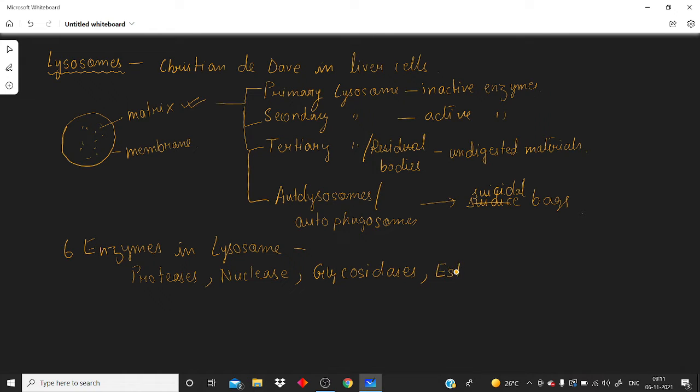Then esterases, that will break down esters. Then phosphatases, and then sulfatases. All these are hydrolytic enzymes, and they are all active at acidic pH.